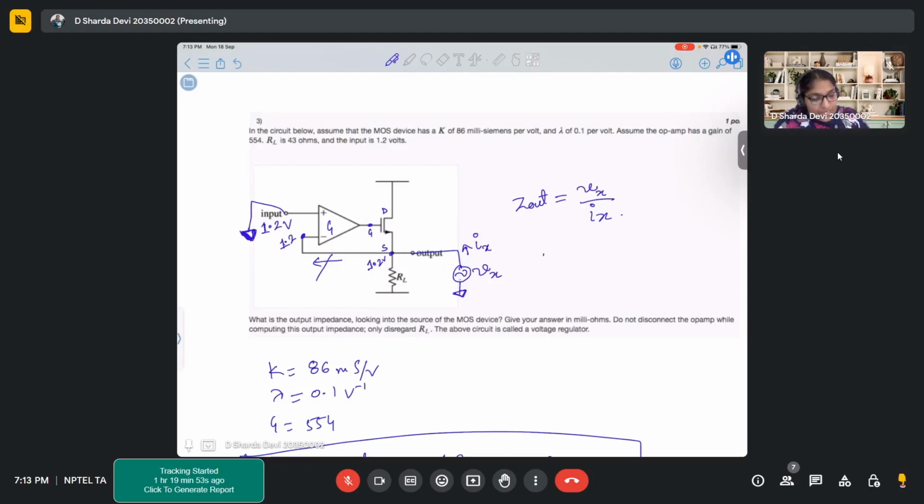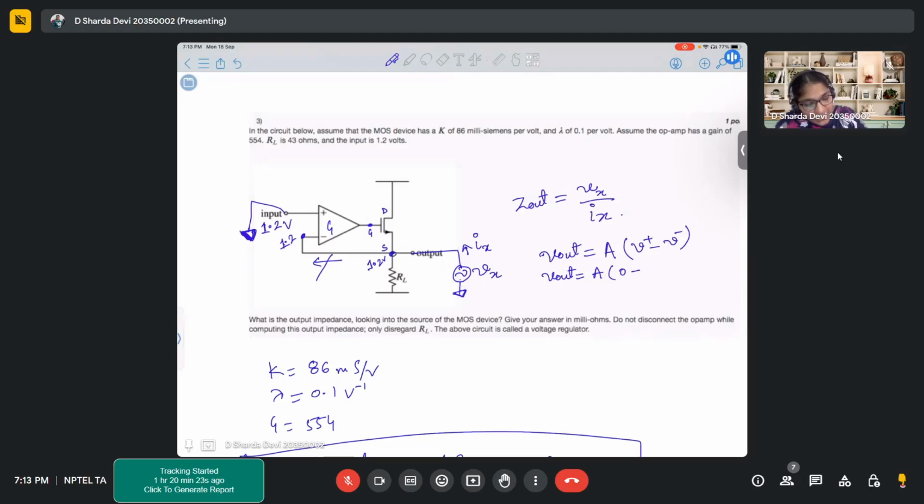Now, we can write the op-amp output as V plus minus V minus, into A. Gain times the differential voltage will give you the output in an op-amp. So here, V out is equal to A times V plus, which we have put to ground so 0, minus V minus.